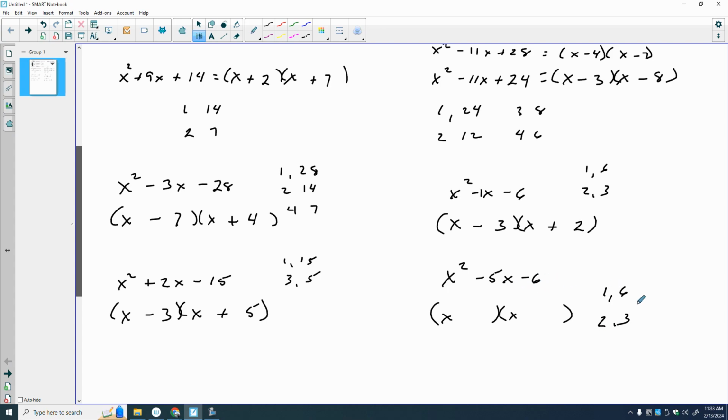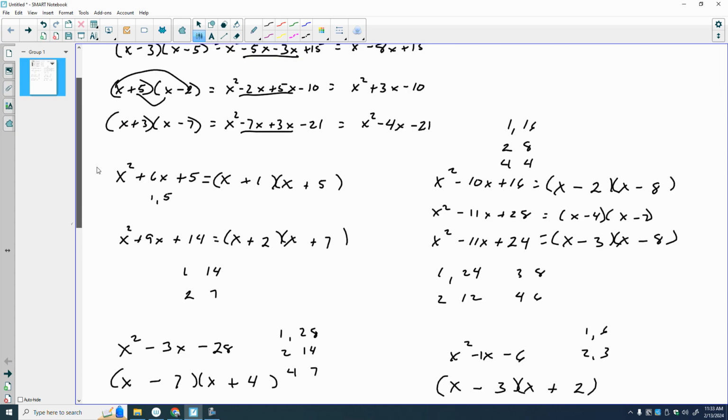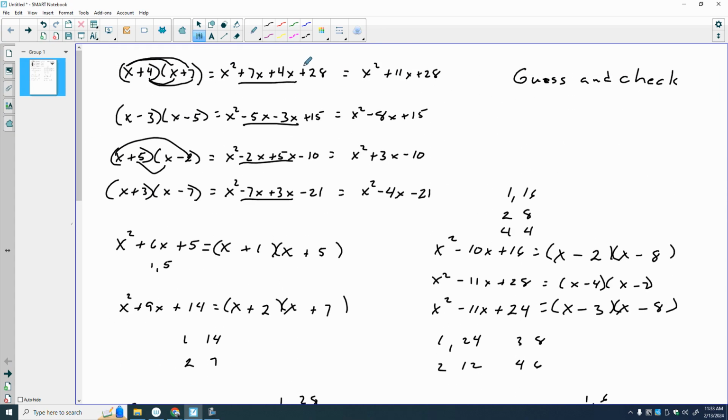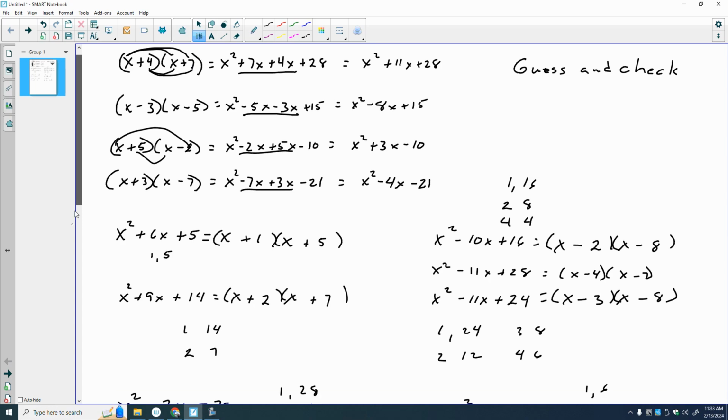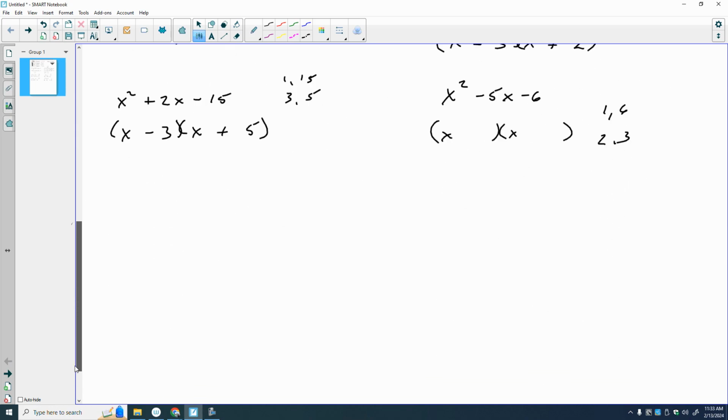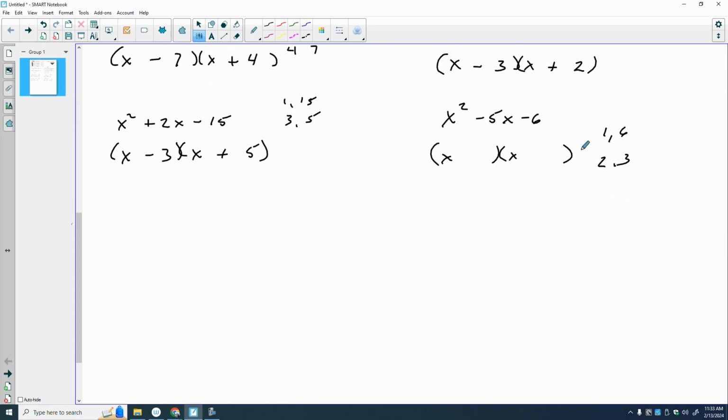My possible options will go here and here, because remember, in case you forgot, why am I picking those factors? Because these last terms, 28, 15, and so on, come from multiplying these two numbers together. So whatever I put here and here has to give me the 10. Okay? So now I need to get a negative 5. This is negative. I have one way of thinking about it. 2 plus 3 is 5.